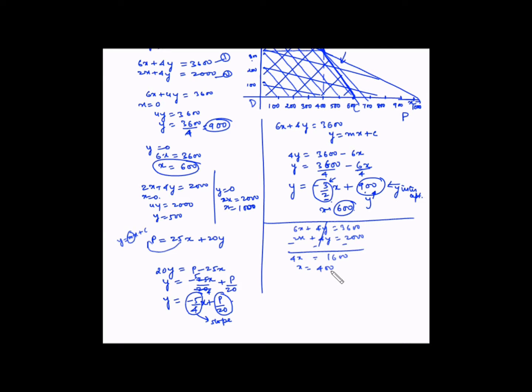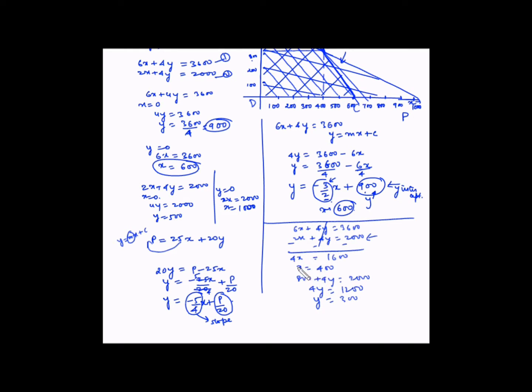And if you put x equal to 400 in one of these equations, say the second one, since it seems easier to calculate, 800 plus 4y is equal to 2000, or 4y is equal to 2000 minus 800, which is 1200, or y is equal to 1200 divided by 4, which is 300.